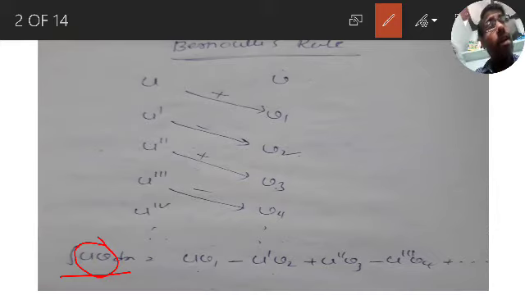Are you getting me? Very simple, this is when we are going to apply Bernoulli's rule. So for the identification of the problem, you have to know this information. By seeing the problem, you can identify, yes, this problem I can do using Bernoulli's rule. So which problems will you do under Bernoulli's rule? It should be integration of a product of two functions, but among the two functions one should be algebraic.